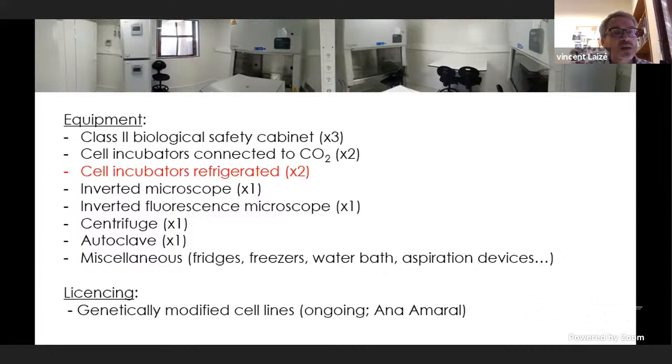It will have a biological safety cabinet, CO2 incubator, inverted microscope, but importantly for fish cell culture, it will have 2 cell incubators which are refrigerated. That means that we can set the temperature.